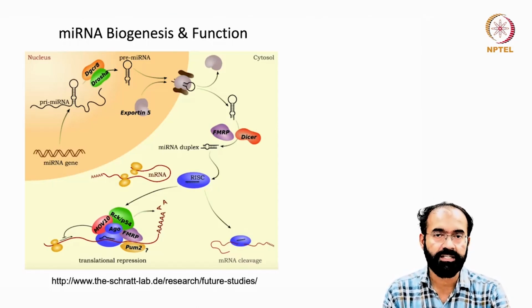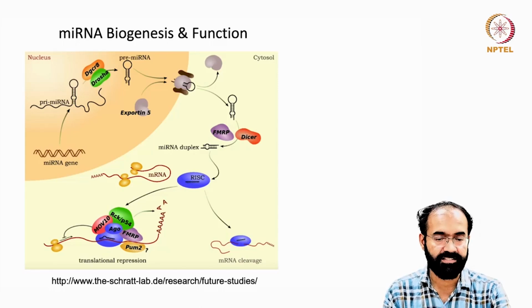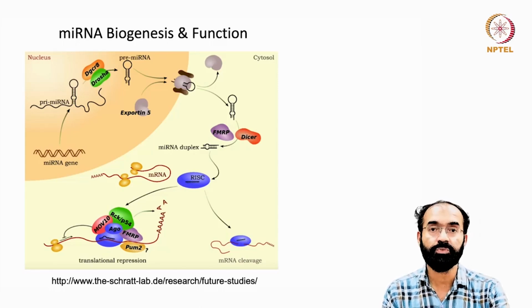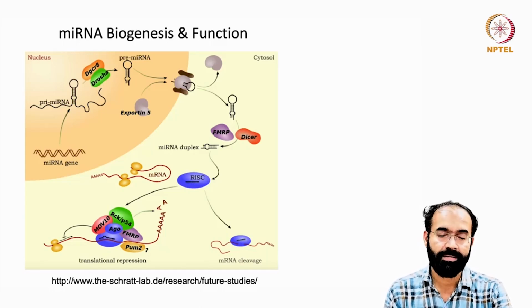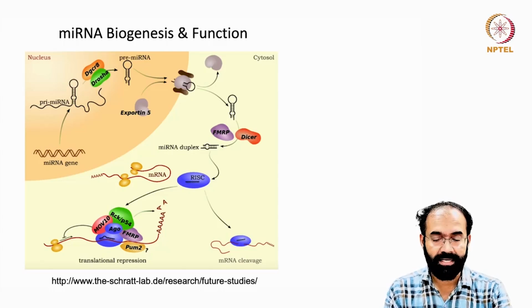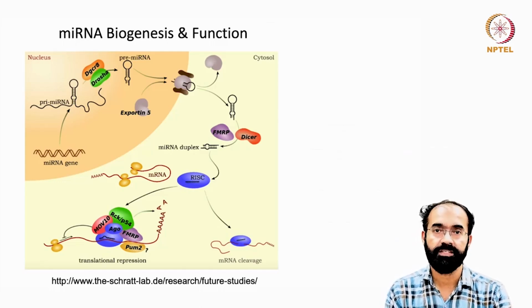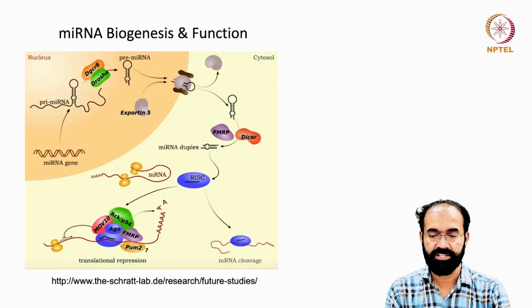One is production in the nucleus, in the form of primary microRNA, which is matured to pre-microRNA by the action of DROSHA and DGCR8 and goes into the cytoplasm, where it is further acted upon by Dicer and FMRP.